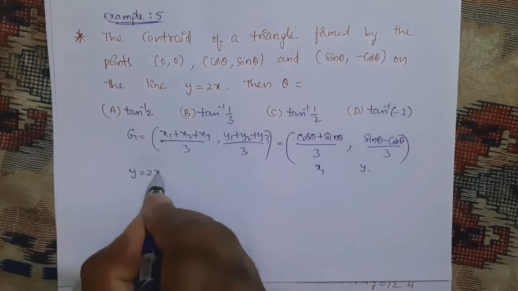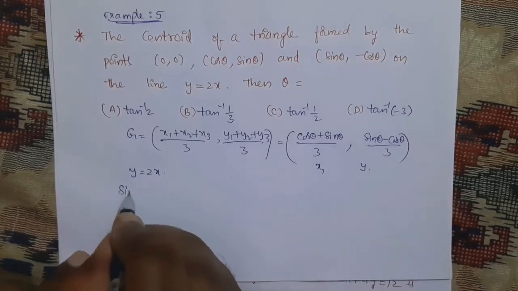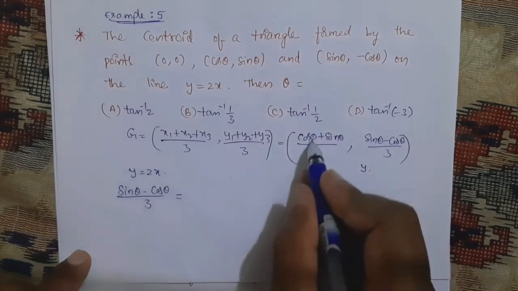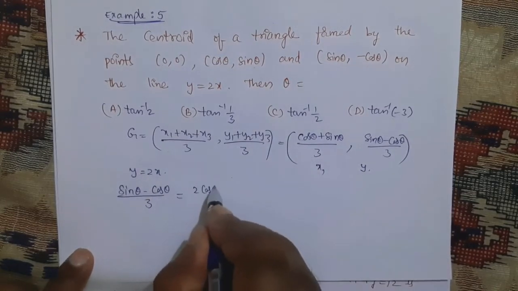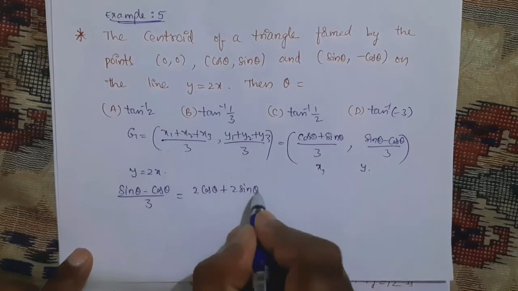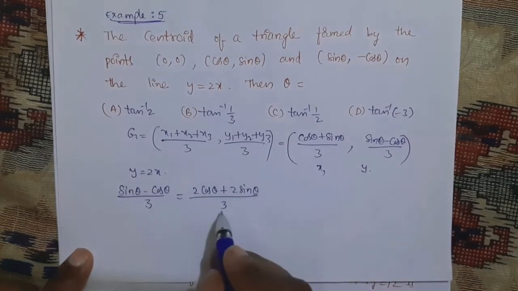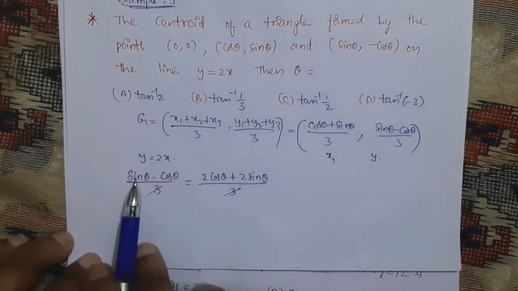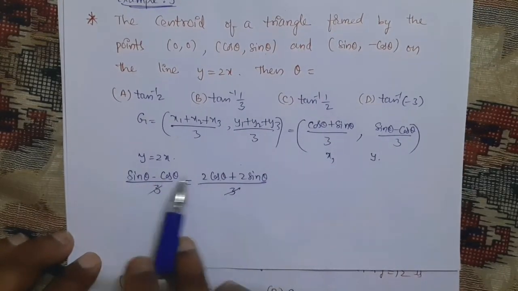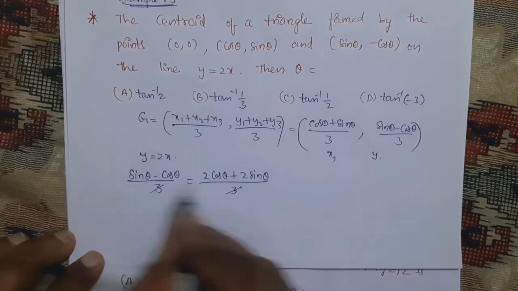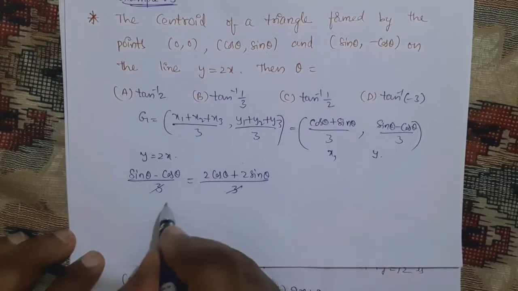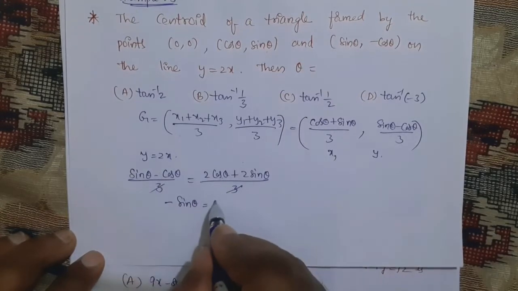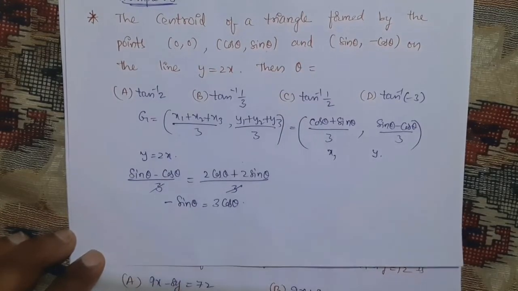Given y = 2x: y is (sin θ - cos θ)/3, equal to 2 times x, that means (2 cos θ + 2 sin θ)/3. The 3s cancel. Bring sin θ to one side: sin θ minus 2 sin θ is minus sin θ, and 2 cos θ minus cos θ is cos θ.